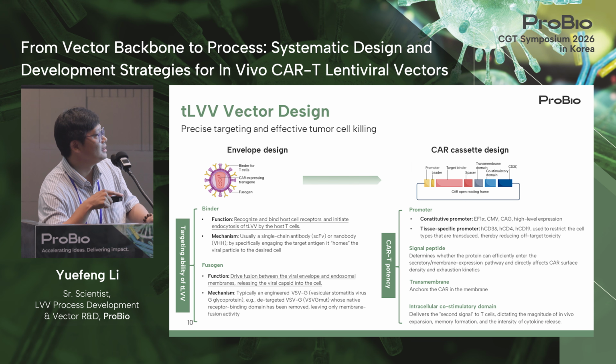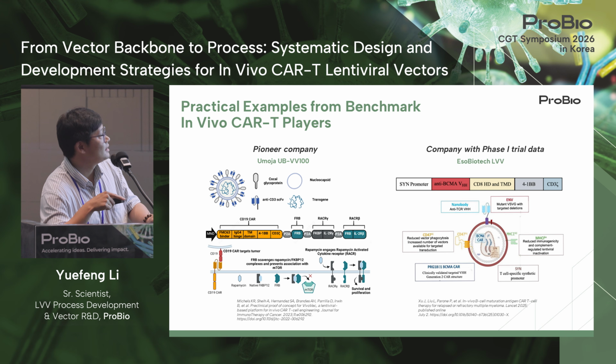We will also have a signal peptide in front of the CAR molecule, for example, to direct the CAR molecule onto the T cell membrane. Also, transmembrane and intracellular co-stimulatory domains will be considered when we design a CAR molecule.